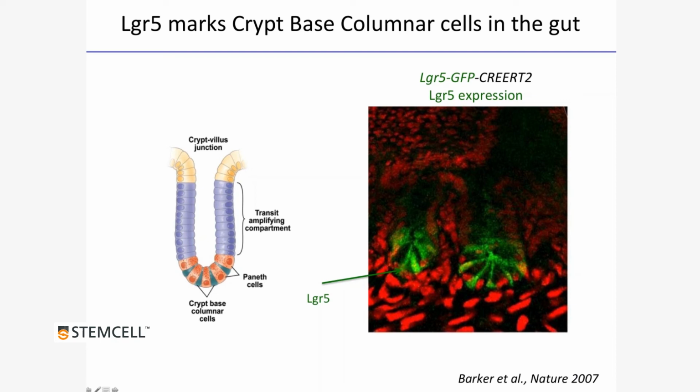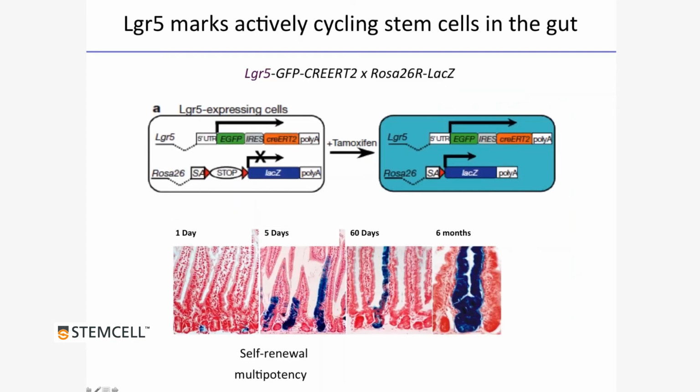In that case, he utilized the LacZ reporter. And for those of you who are not familiar with the system, we have a mouse that in the LGR5 allele has the inducible Cre, and in the ROSA locus has a reporter, in that case, the LacZ. When we utilize the Soriano reporter, there is a stop codon in front of the LacZ, so these cells that express LGR5 do not express the LacZ.